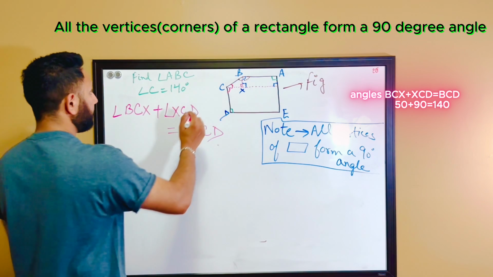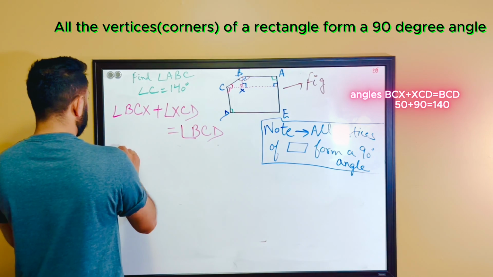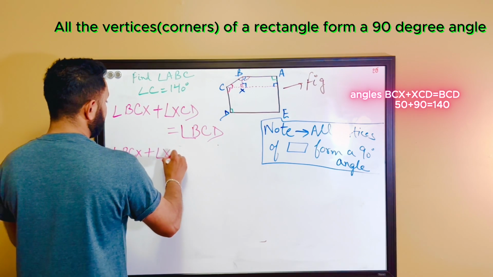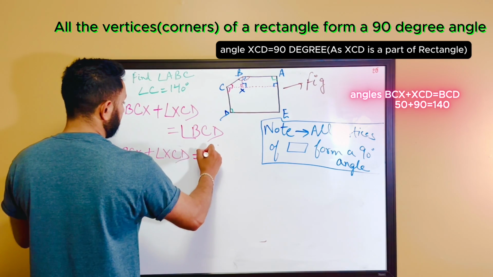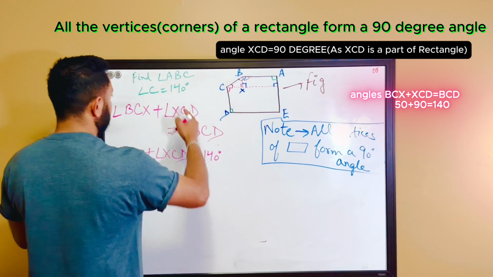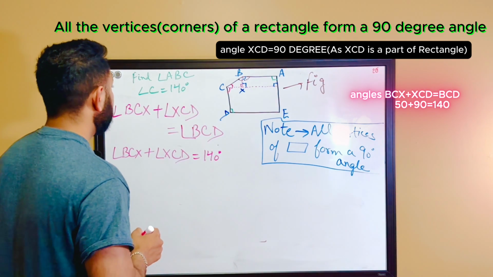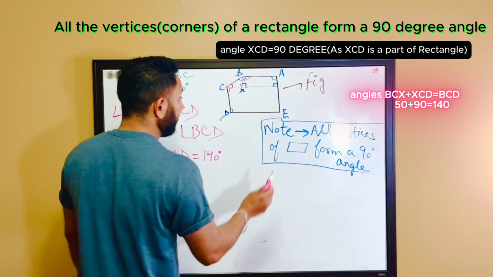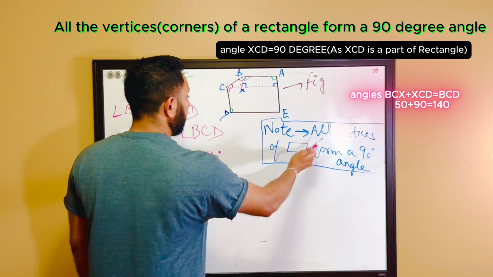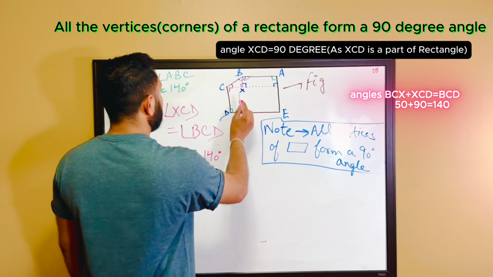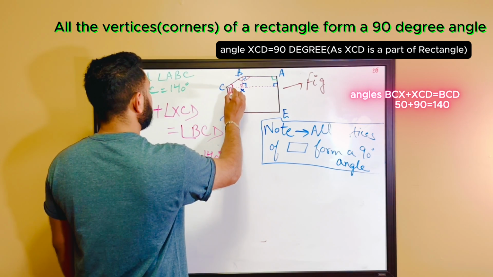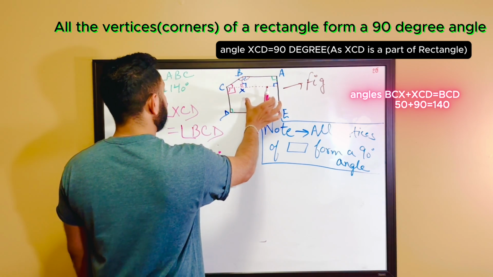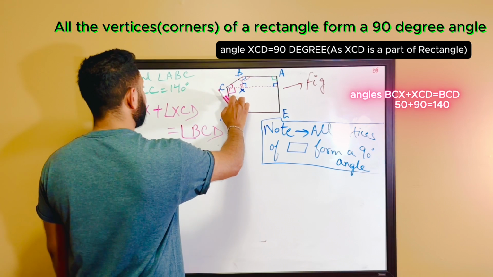So angle BCX plus angle XCD is 140 degrees, which is given to us. And also we knew that all the vertices of a rectangle form a 90 degree angle. This is also a vertex of this rectangle, so this is also 90 degrees.